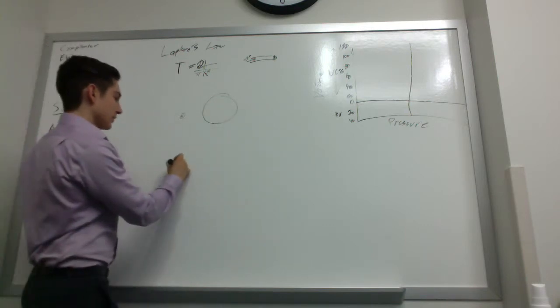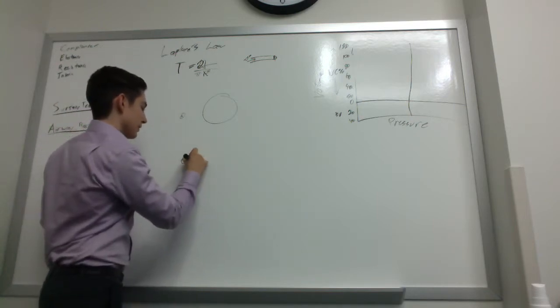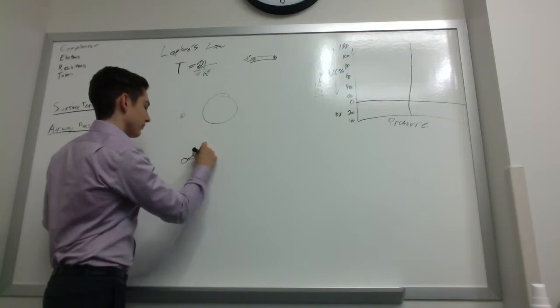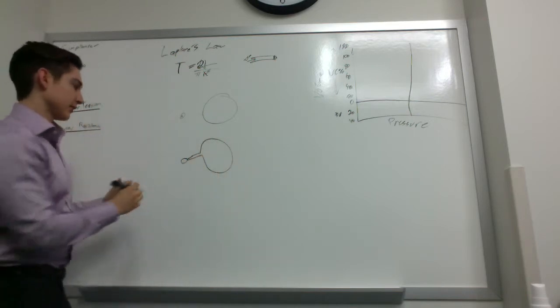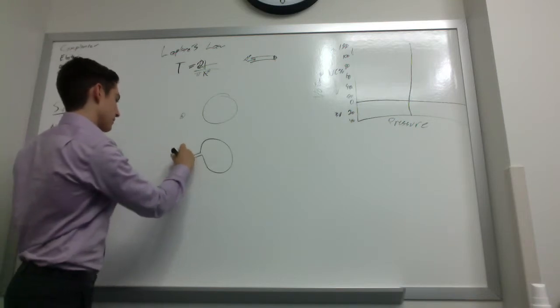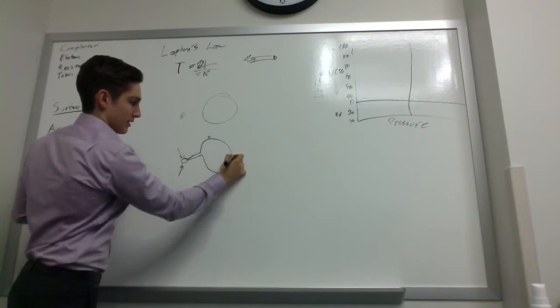So if you had 2 interconnected alveoli and one was small and one was really big, the small one would actually want to collapse, because it has higher forces pushing in on it compared to the big one.